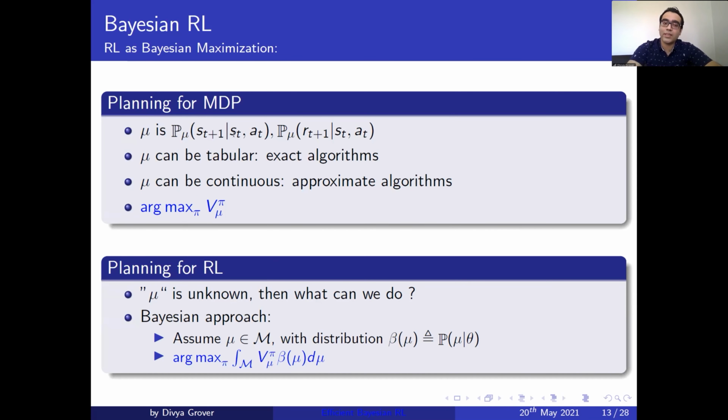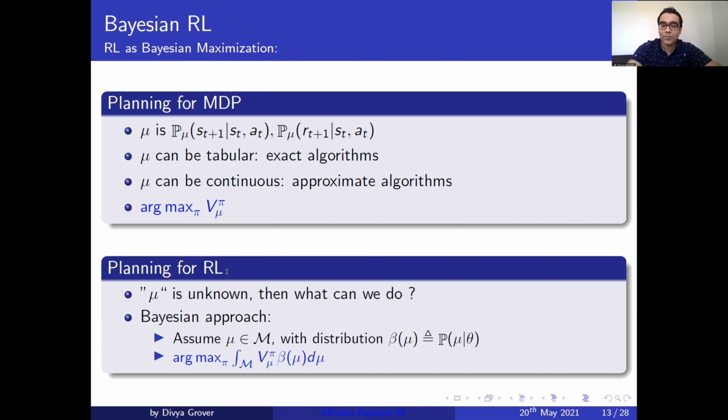So if the environment is at state S_t and the agent takes action A_t, there is uncertainty about what the next state will be, but still the agent or the algorithm has access to this P_mu. Okay, so that's planning. For planning under those conditions, you can have exact or approximate methods. I gave you one example of exact tree computation, where you calculate the maximizing policy for the value function.